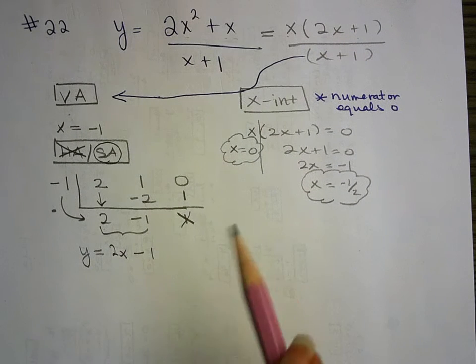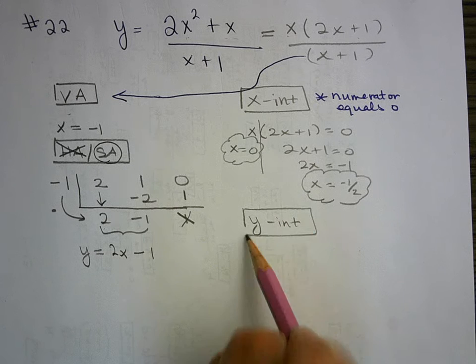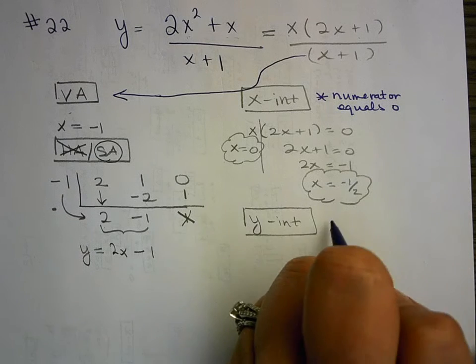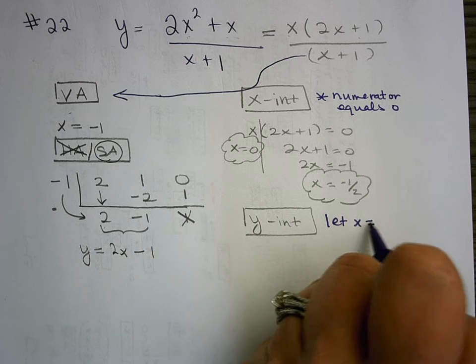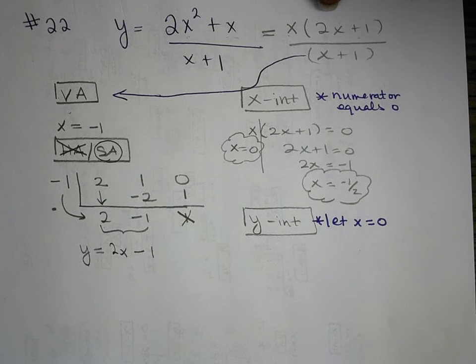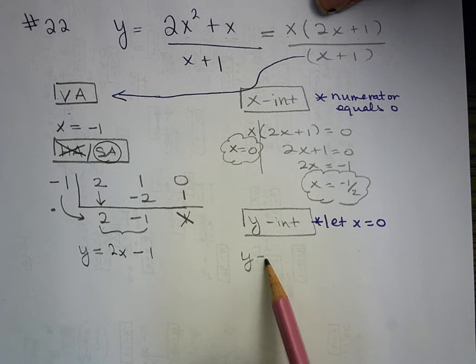And then finally, one more thing here. I need to find the y-intercept. In order for me to find the y-intercept, I would let x equal 0. I can do that on the original or the factored form. It doesn't really matter which one I use, so I'm just going to do it of the factored form. I'm going to turn all of the x's into 0.